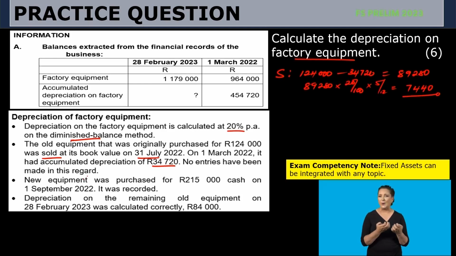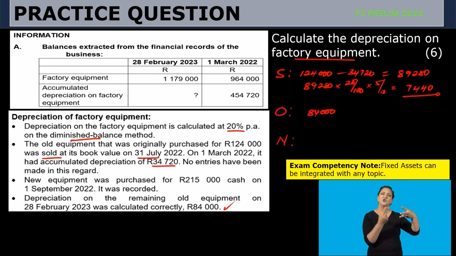New equipment. But before I go to the new, it means I also have the old equipment. All right? And then I'm told here, depreciation on the remaining old equipment, they gave it to us. Old is 84,000 here. So I can now calculate for the new equipment. Remember now, sold, old, new.